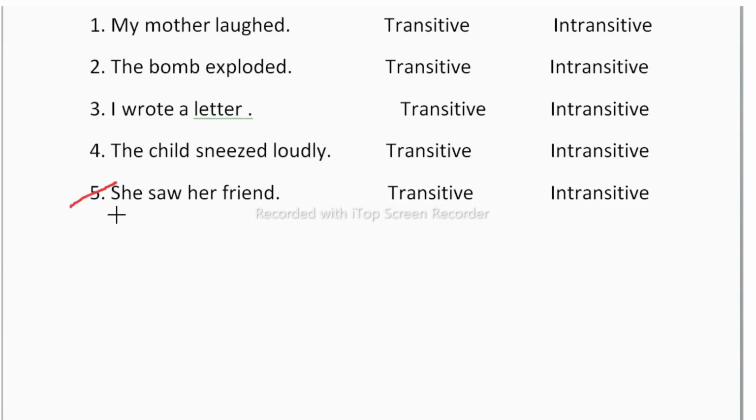We have the subject here, "saw" which is a verb, and "her friend" which is an object. So we have subject, verb, and object, which is the structure of active voice. So we can change it into passive voice. How? "Her friend was seen by her." Yes, we can change this sentence to passive. So that must be a transitive sentence.